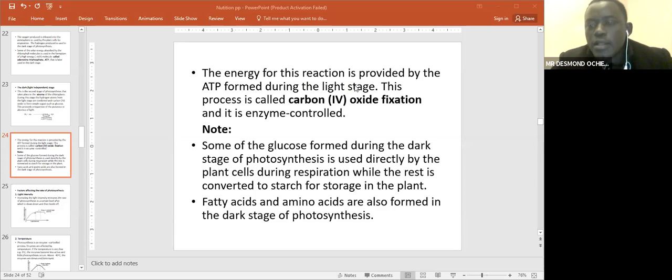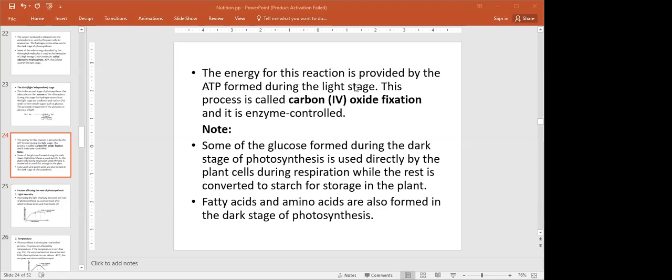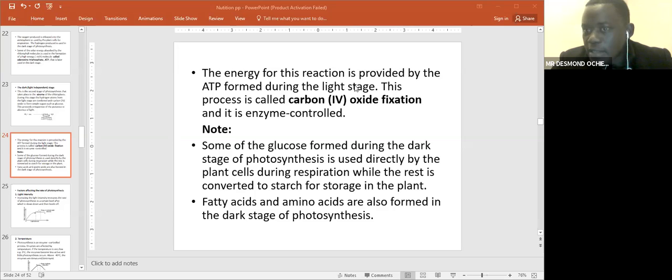Oh, okay. So you see, when the glucose dissolves, it means it can be easily used up by the plants. But when the glucose is converted into starch, it is kept for future use, and then it can be used by the plants when there is need.